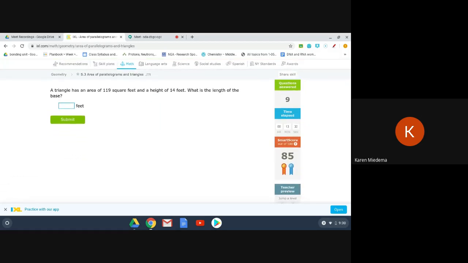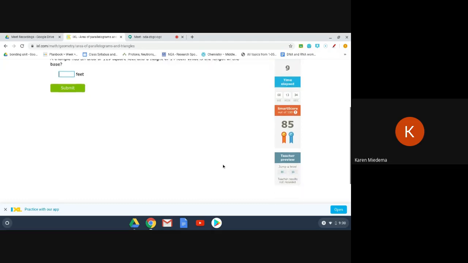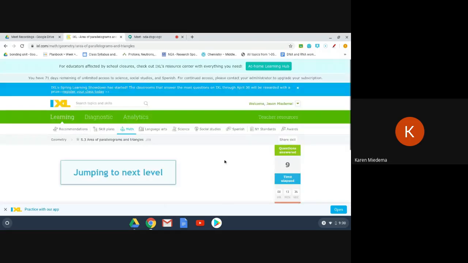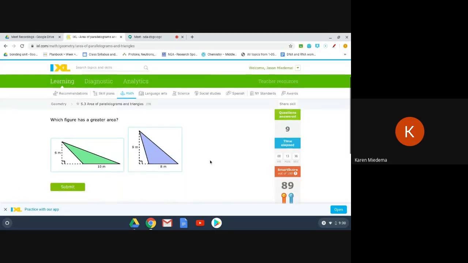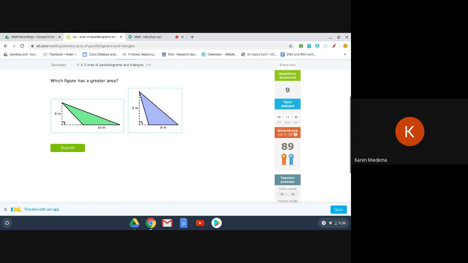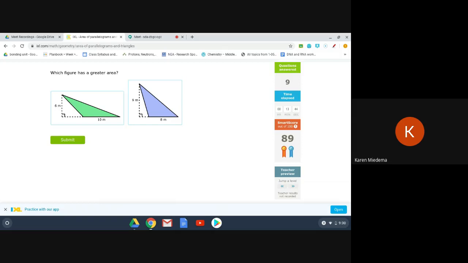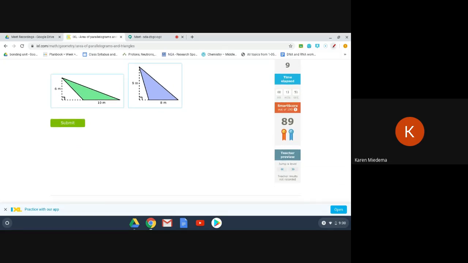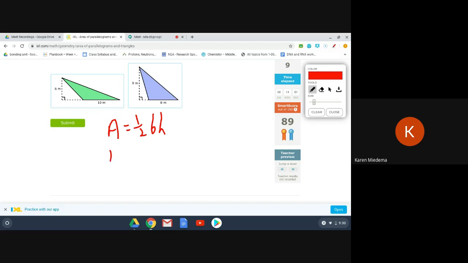Okay, there's another triangle one. That's one like we just did. Okay, which figure has a greater area? Well, to find out which one has a greater area, find the area of each of them, and then compare the two. So for the first one, area equals 1/2 base times height.